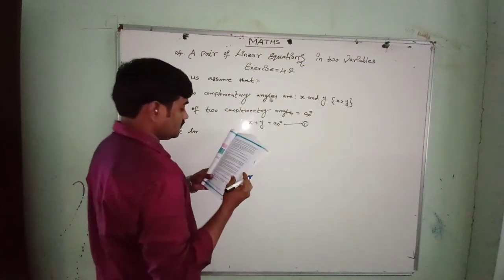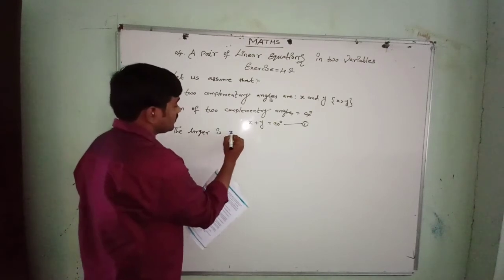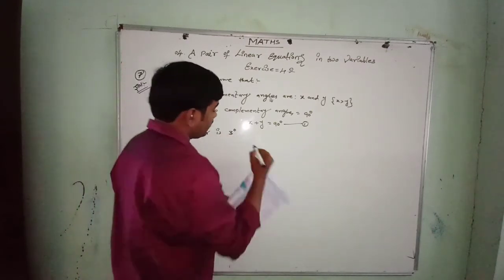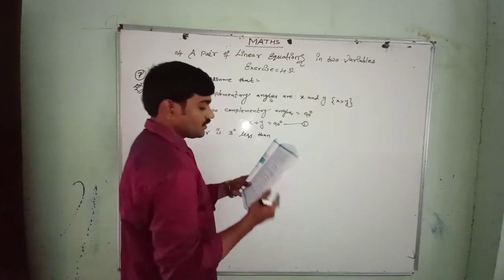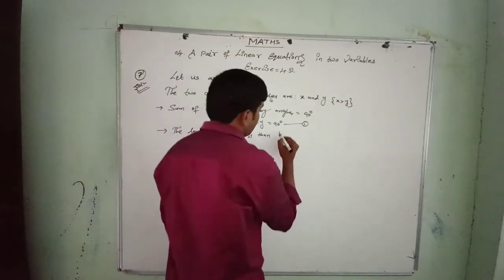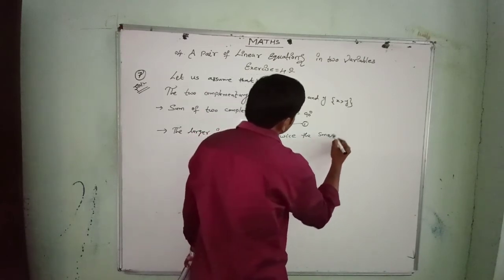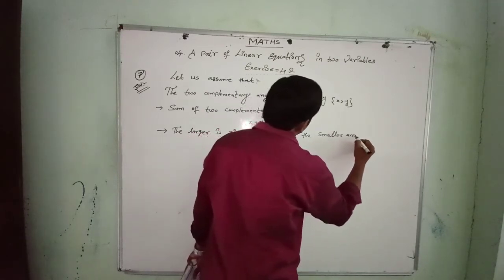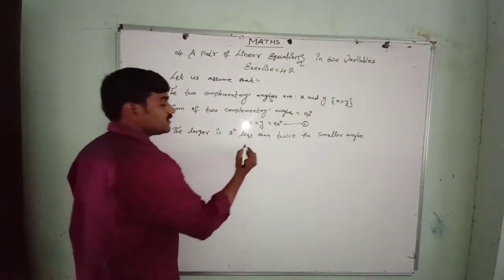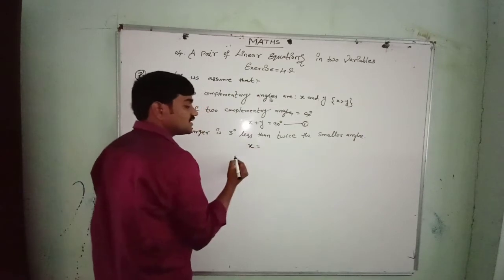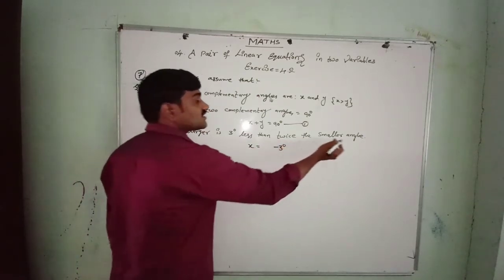The larger angle is 3 degrees less than twice the smaller angle. That means x, the larger angle, is 3 degrees less, so minus 3 degrees, than twice the smaller angle.